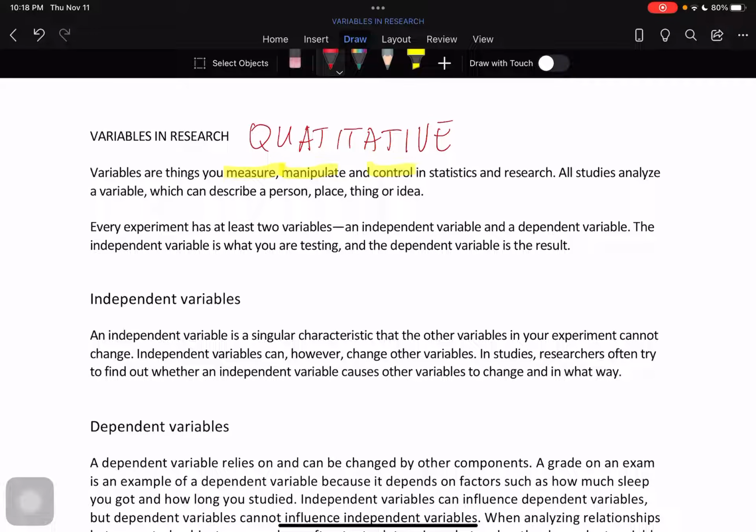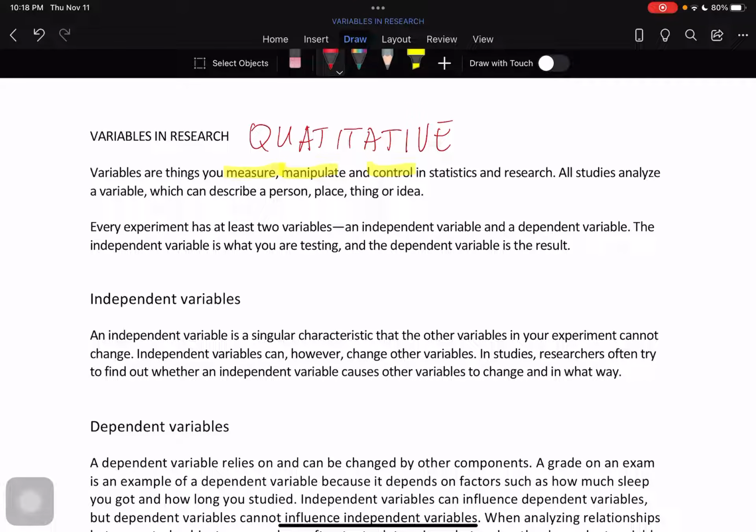Okay, so we have already established that crucial part of the relationship of variables with this method of research. Variables are things that you can measure, manipulate, and control in statistics and in research.